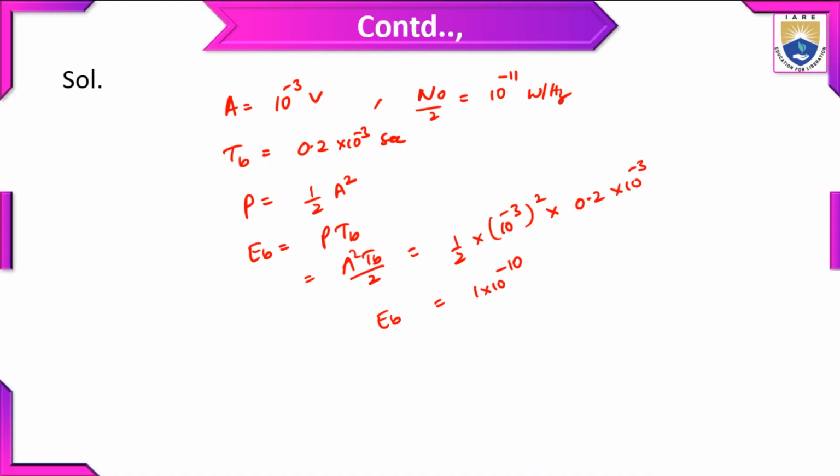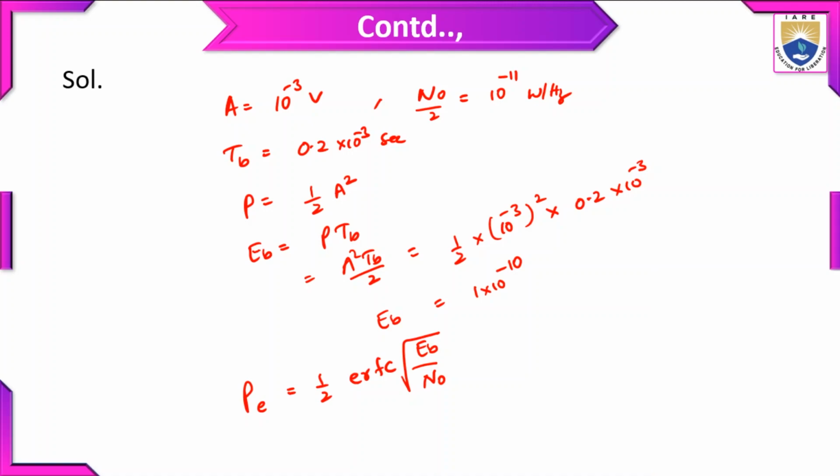So what is the formula for probability of error for PSK? The probability of error is equal to 1 by 2 ERFC into square root of EB by N naught. This is the difference between ASK and PSK. In ASK, in the denominator we have 2 N naught: 1 by 2 ERFC square root of EB by 2 N naught.